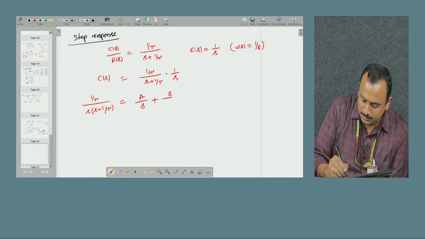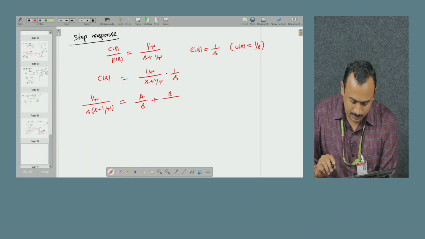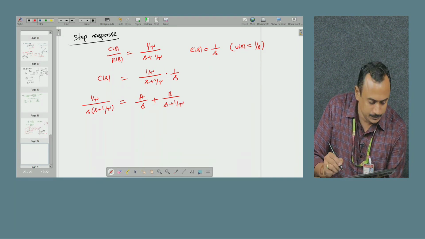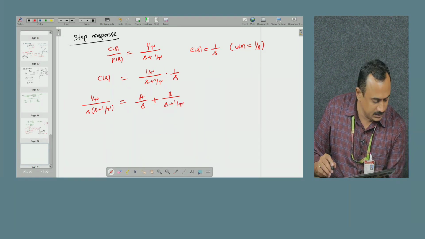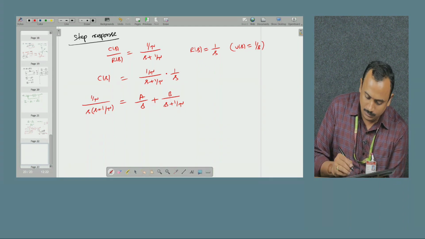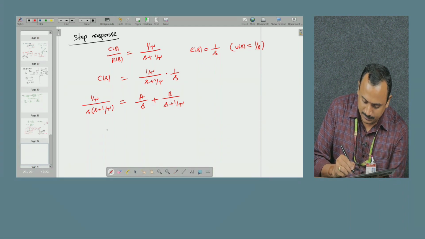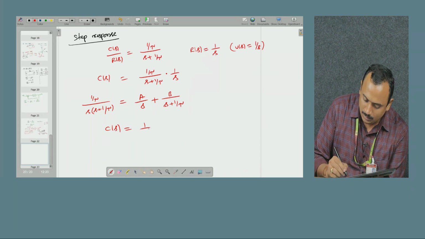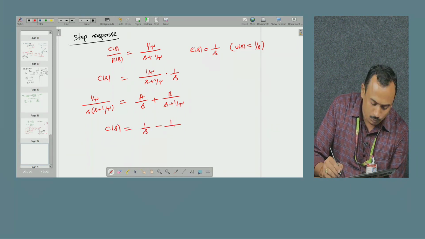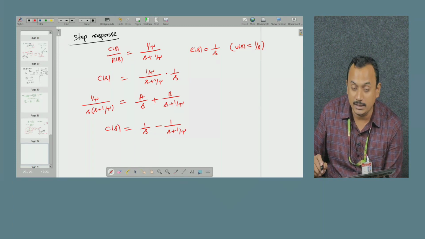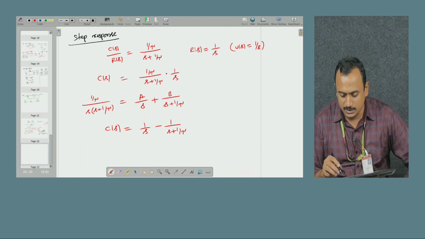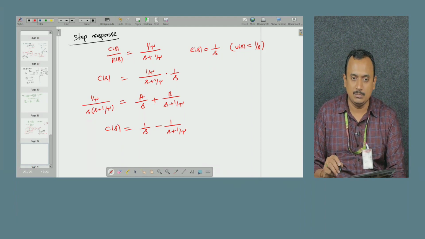This is from the 7th or 8th mathematics. And if you solve this, finally I am writing directly the C of s value: C of s is 1 by s minus 1 by s plus 1 by tau, because you know how to write the partial fractions.